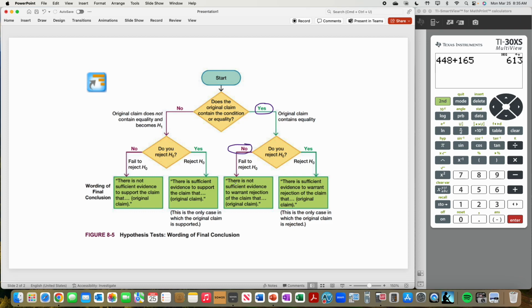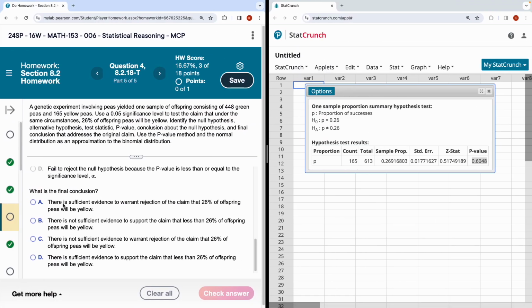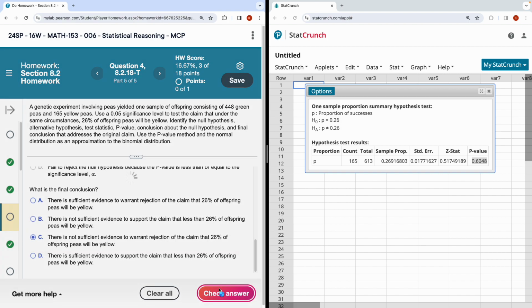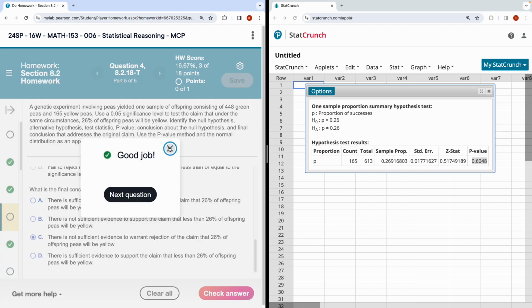So what we're looking for is there is not sufficient evidence to warrant rejection of the claim that 26% of offspring will be yellow. I really like option C. Let's see how we did there, and we get that one right as well.